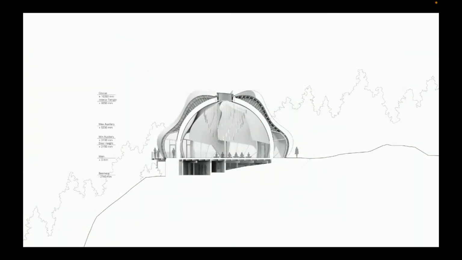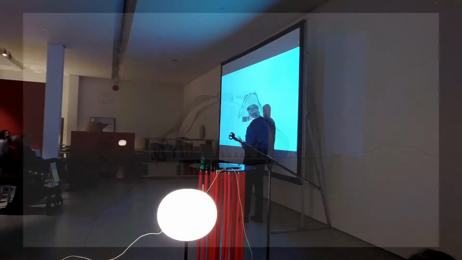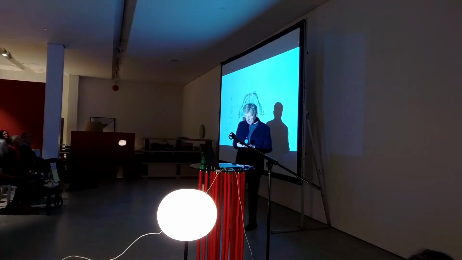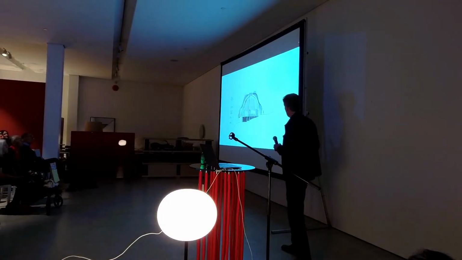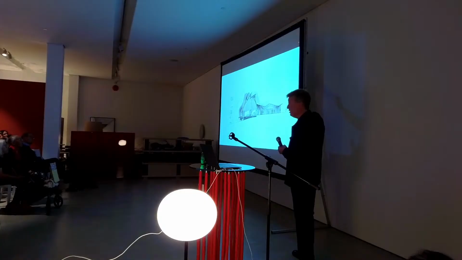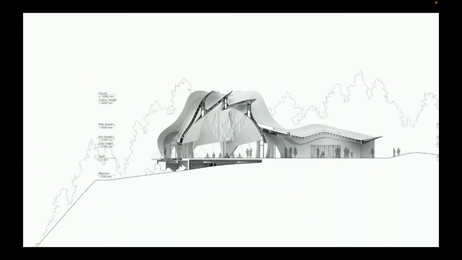There is a basic glulam beam which has a layer added to it to make the inside shape and the outside shape different, and I'll explain why that's important in a second. And then looking at it from a different point of view, this is the section through that same structure.